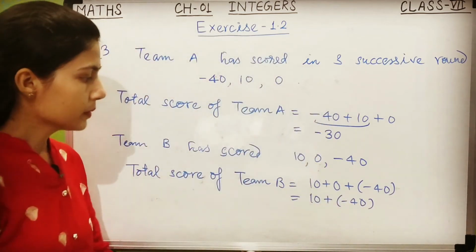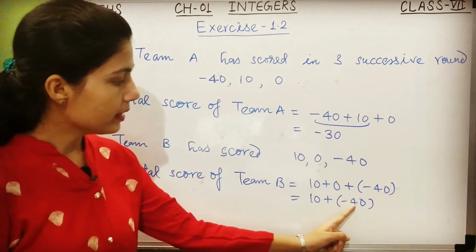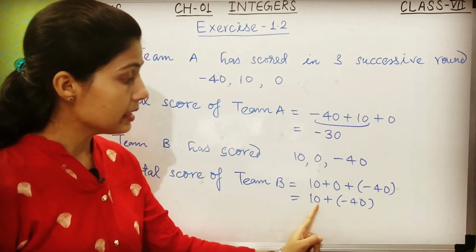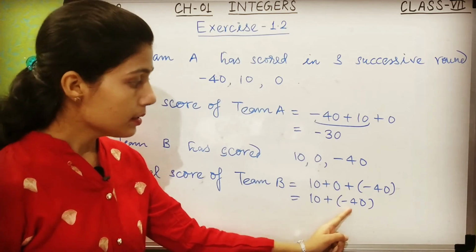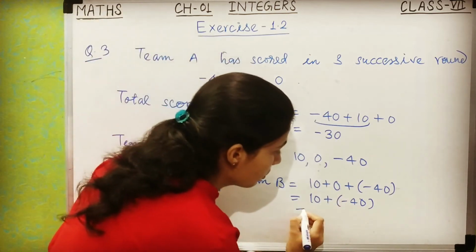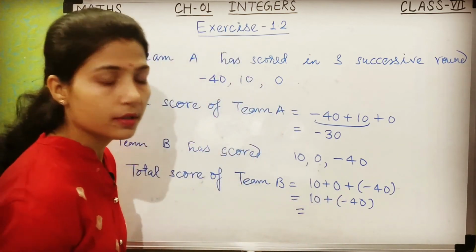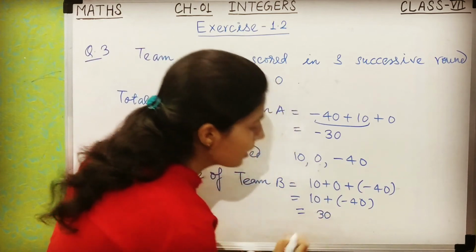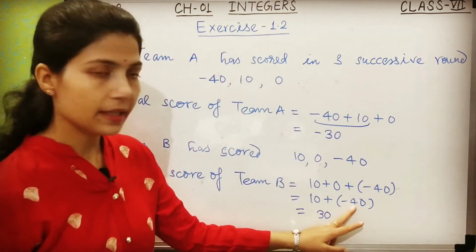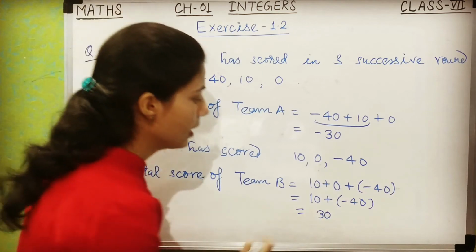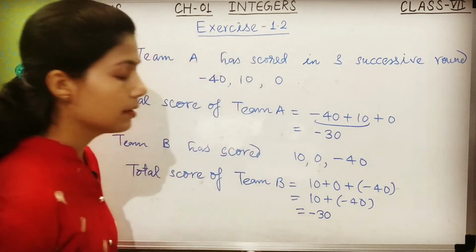Now see here, one is a positive integer, another is negative, and there is addition between these two. So there will be subtraction. So 40 minus 10 is what? 30, and the sign will go with the greater number, that is 40 here. So the sign will be minus.